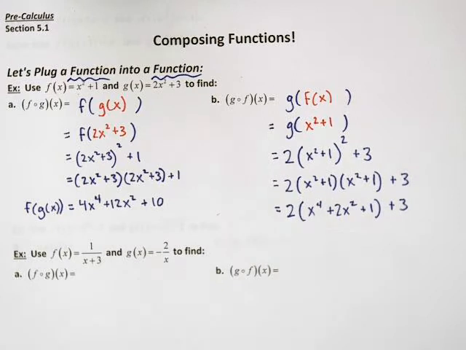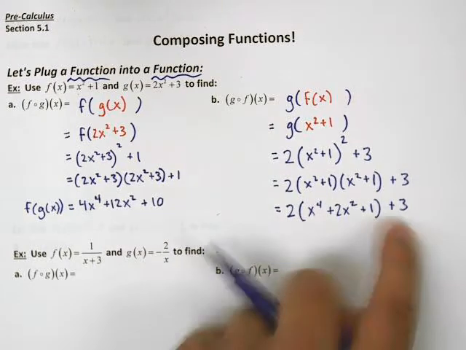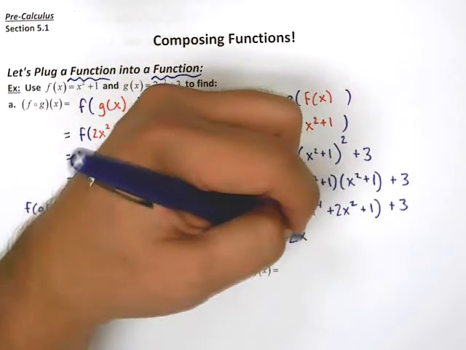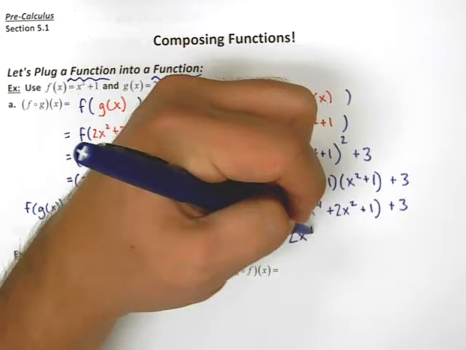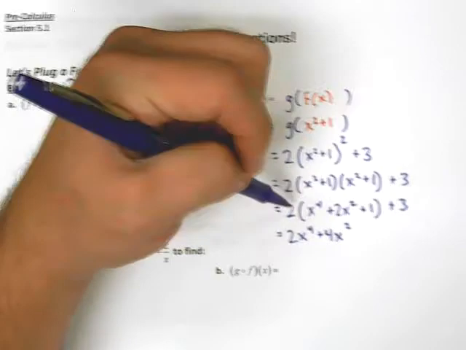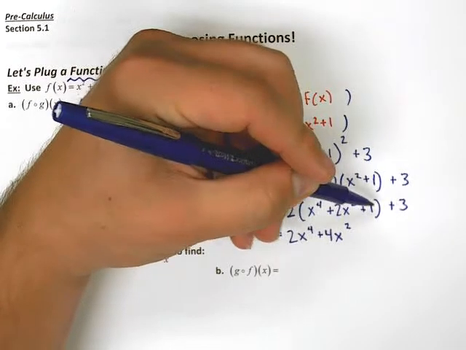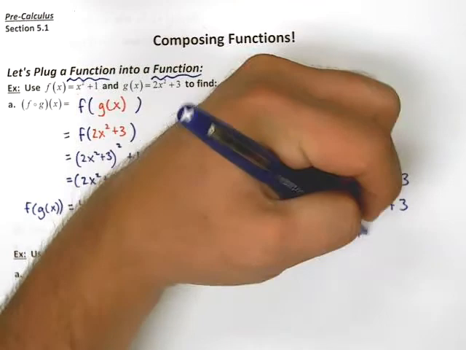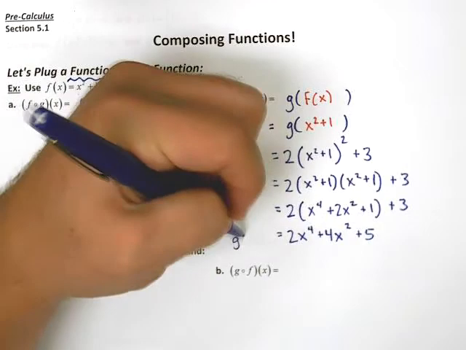Alright, now I go to distribute, right? I need to distribute this 2 to everything. So I have 2x to the fourth, that's a 4, plus 4x squared. And then, well, 2 times 1 is 2, plus another 3. I'm just going to, one time, change this to a 5. Okay?